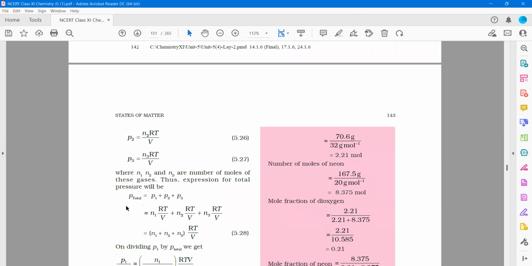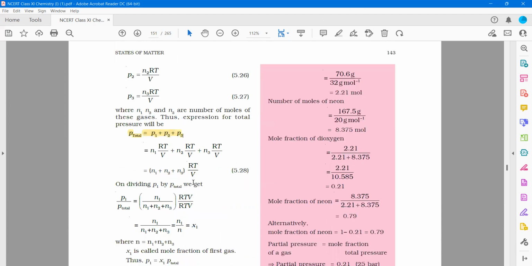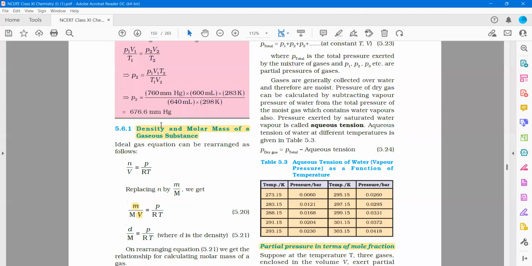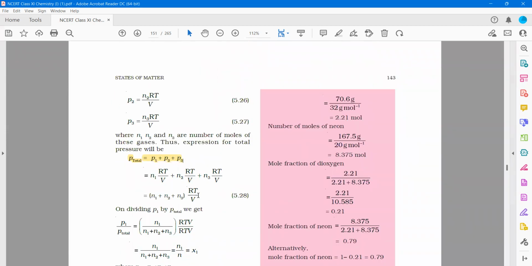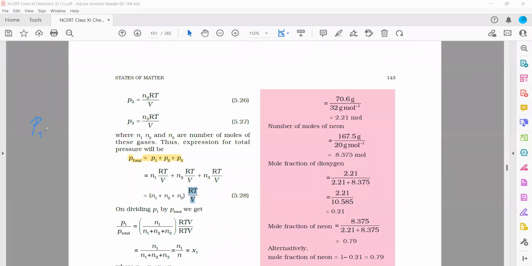Now you just have to put all of these three equations into Dalton's law of partial pressure, and then you can write it like this. P total will be equal to N total RT upon V, right?